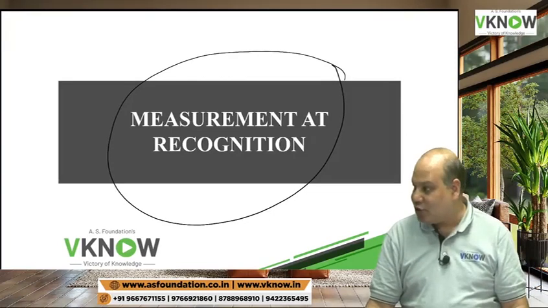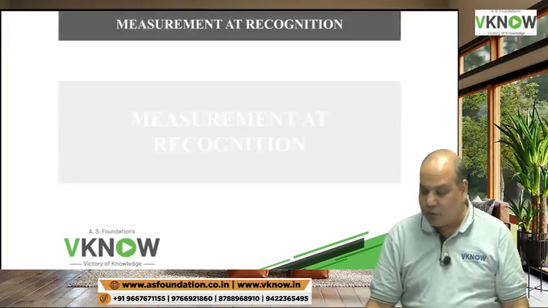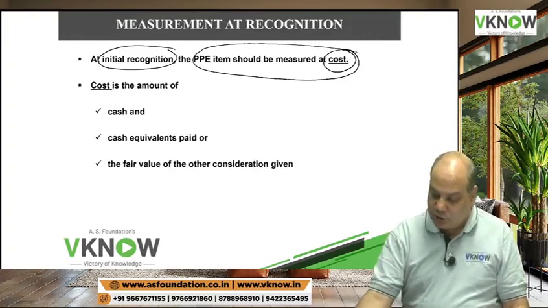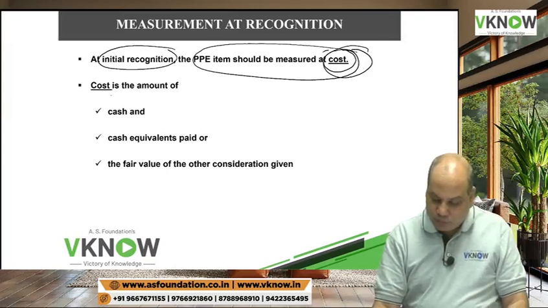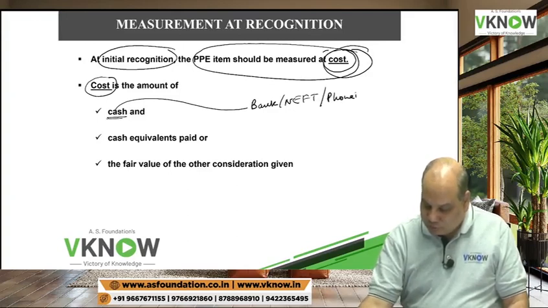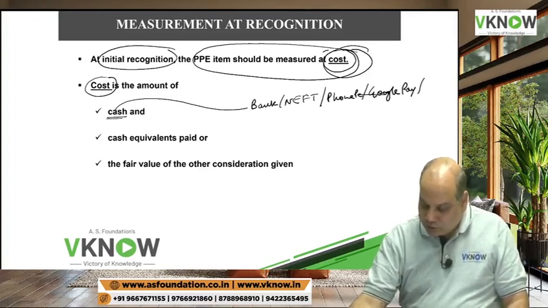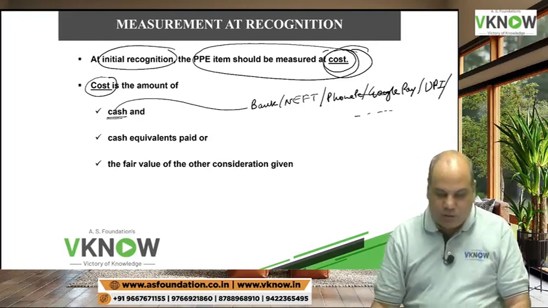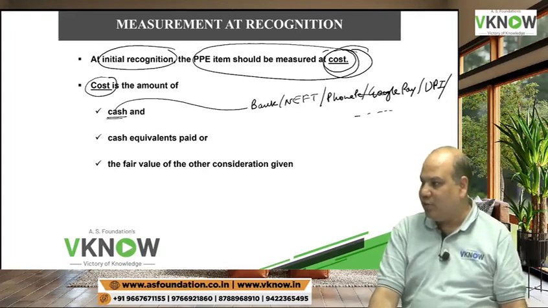Measurement at recognition. At what amount will PPE be initially recorded? PPE will be initially recorded at cost. What is the meaning of cost? Cost means cash. Cash includes bank transactions, NEFT, PhonePe, Google Pay, UPI, etc. All this is considered cash payment, immediate payment.